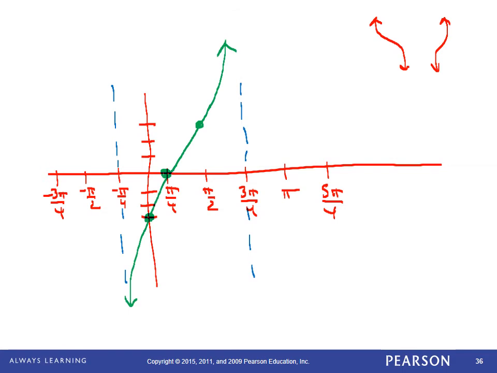Good. Now the question is, you still have to graph it over to the other pieces. So once you have one full period, the rest should be pretty easy. You just move everything over. Or if you want to do it this way, you can say pi over 4, and we got 1, 2, 3, 4. That means I'm going to add another pi here. So pi over 4 plus pi gives you 5 pi over 4.